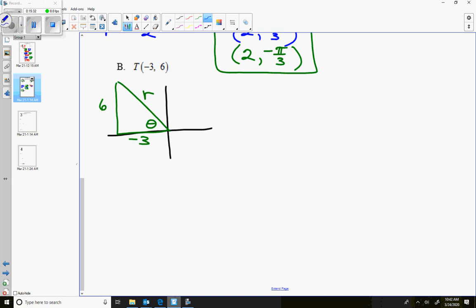The process, though, does not change. So, to find r, r squared equals x squared plus y squared. X is -3, y is 6.